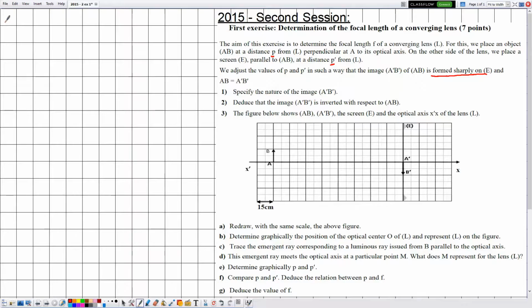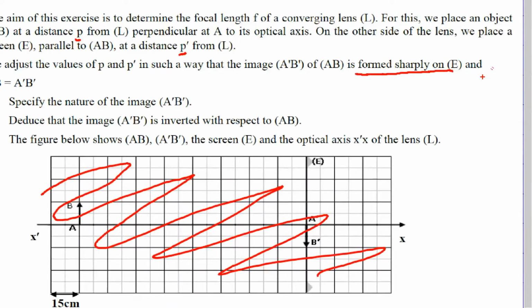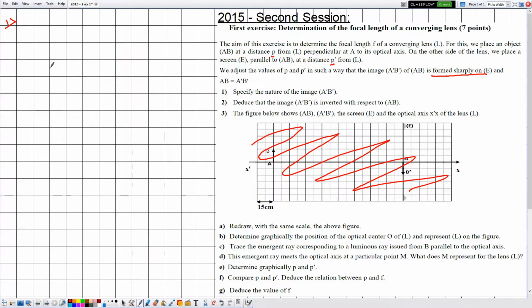So number 1, they are telling me specify the nature of the image A'B'. Notice that till this moment they didn't mention anything about this figure, so I'm not allowed to use it at all. So all of my answers must be restricted to the given text or to the previous parts. Notice that here they told me that the image A'B' is formed sharply on E, and we know that only a real image can be collected on a screen.